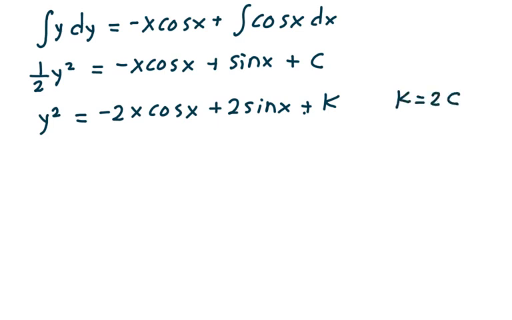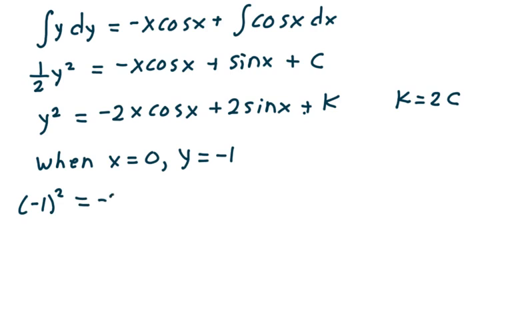Okay? When x is 0, we know y is negative 1. Plug that in. So negative 1 squared is the same as negative 2 times 0 cosine of 0 plus 2 sine of 0 plus k.